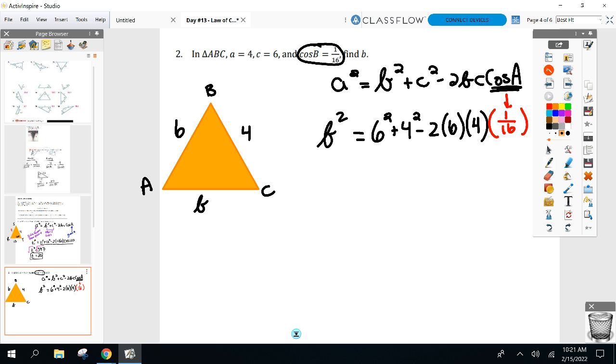Most of you guys, yes, we can do this all in one step in our calculator. So I'll let you do that, and I'll ask somebody what we get B squared equal to.